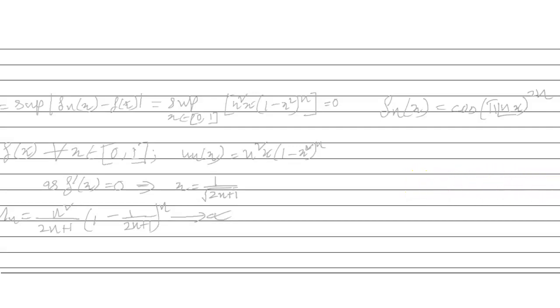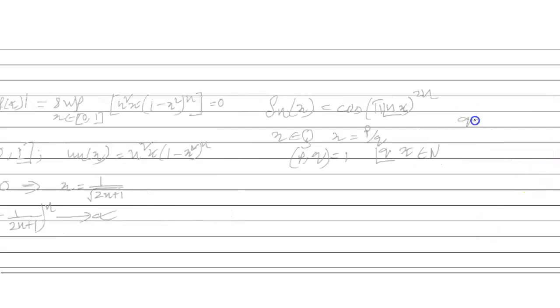Now x belongs to Q, and where x is equal to p by q and p, q equals to 1, then q factorial x belongs to capital N. Qx equals to p and cos m pi equals to 1 or minus 1.